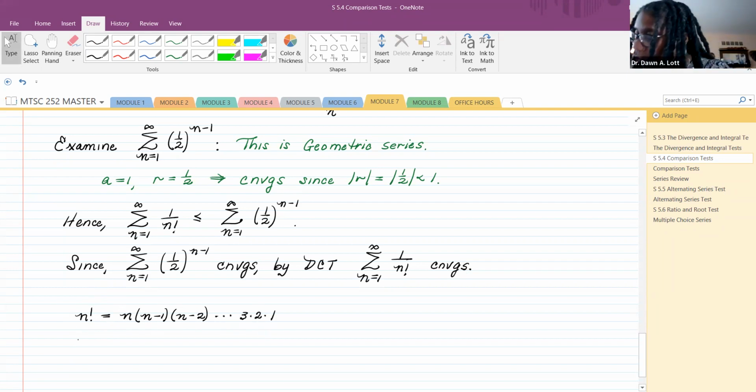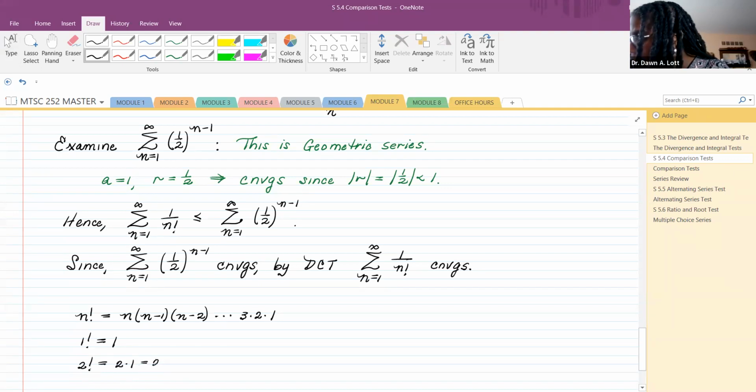So where did I get those numbers? 1 factorial was 1. 2 factorial is 2 times 1.